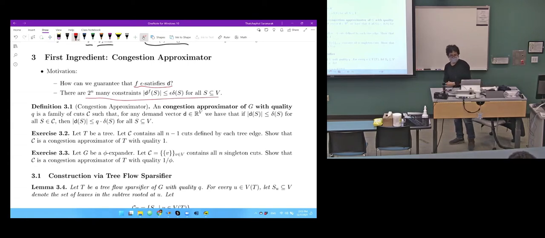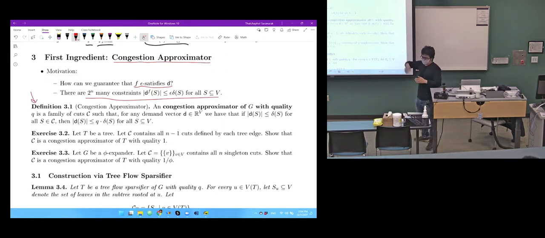And this is what motivates the first ingredient that we will use. It's called congestion approximator. Before I go into the definition, these constraints, there are like 2 to the n constraints you need to check.